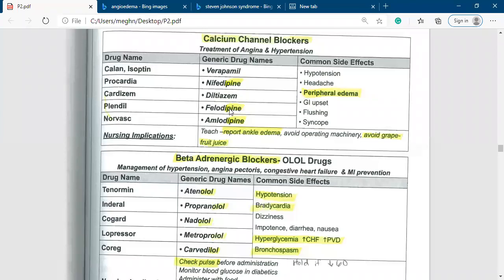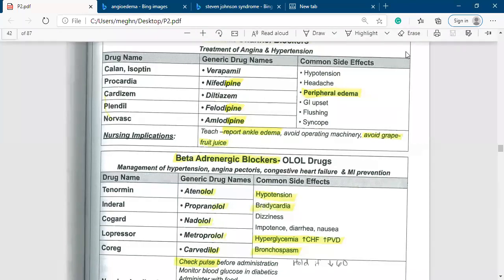What are the contraindications of the calcium channel blocker? We should hold the calcium channel blocker if the heart rate is less than 60. If the heart rate is less than 60, we have to hold it. Okay.